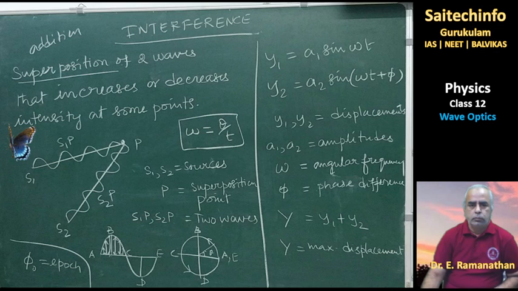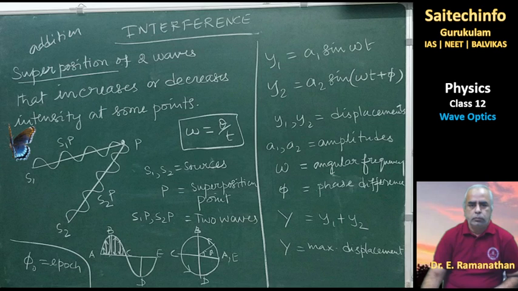Let me consider the wave like this, and A, B, C, D, E are the different phases.